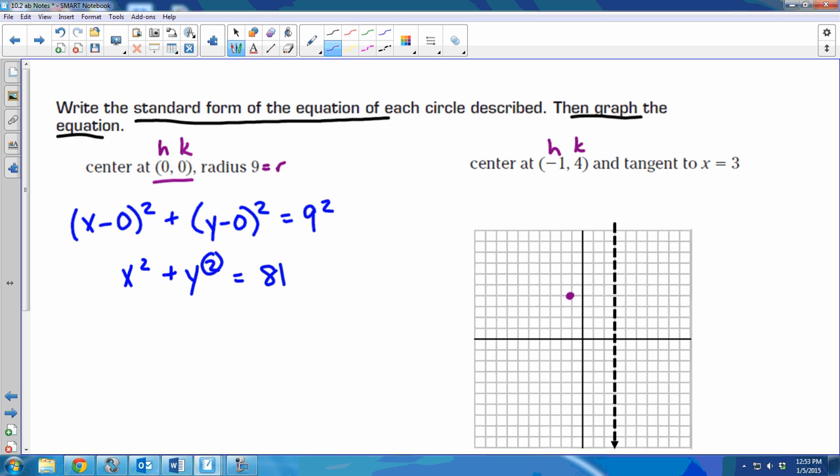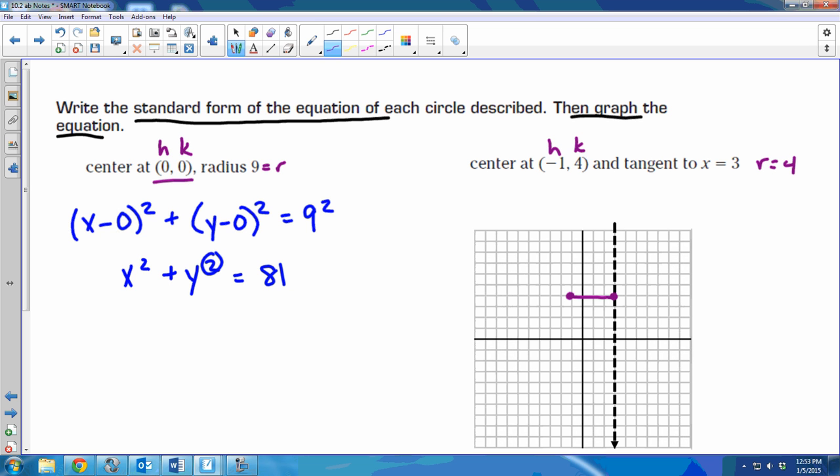That's the center of my circle. And we just said that the radius and the tangent line have to meet and be perpendicular. So I'm going to draw out from the center a line to there. Then I can count and figure out what r is. So what is r going to be?